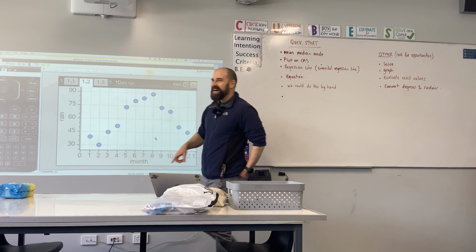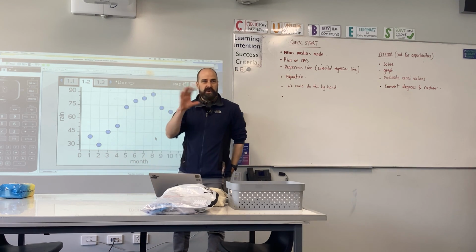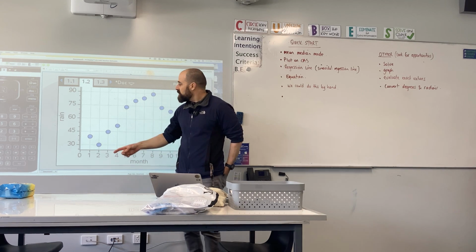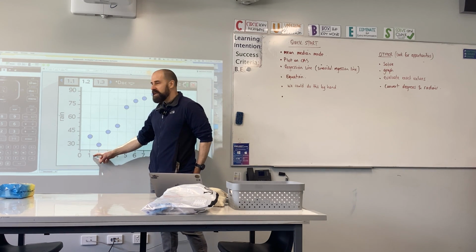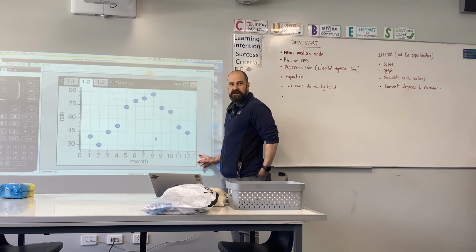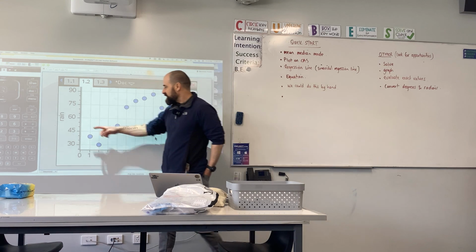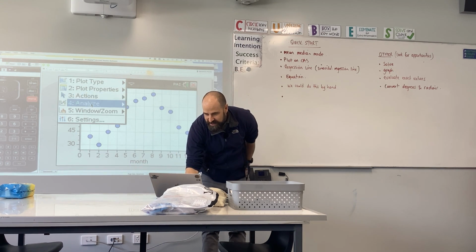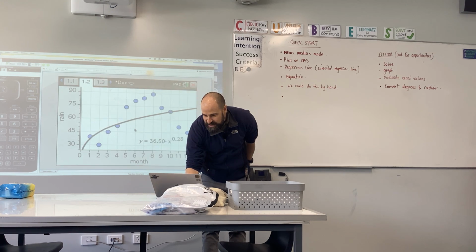You could discuss, if you were writing an investigation and talking about your understanding, that this is possibly a quadratic graph, couldn't you? So you could try a quadratic regression line. Menu, analyze, regression.